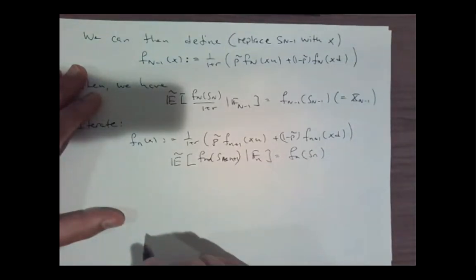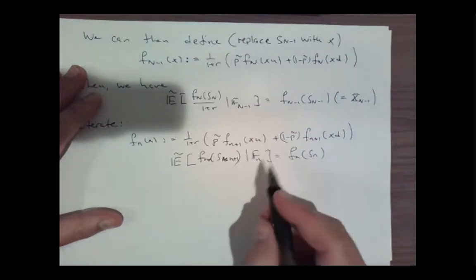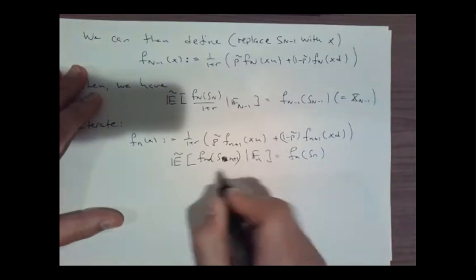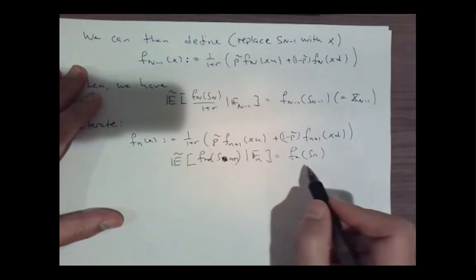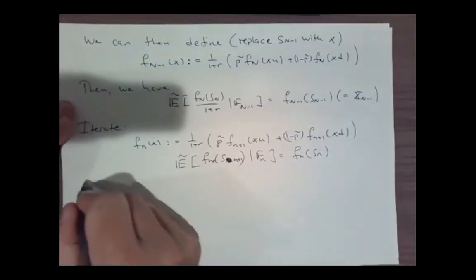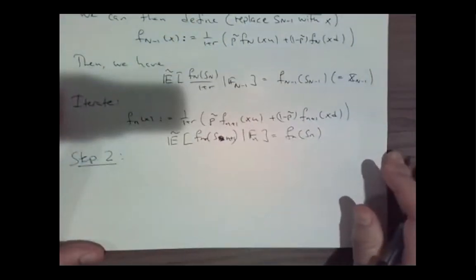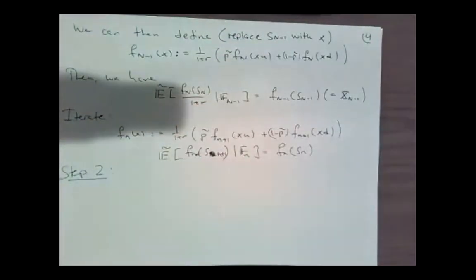This is a random variable, Fn measurable, and it has the property that it integrates correctly over subsets inside Fn. This is that function. So then step 2, is this useful? This is what Richard was asking about. And the answer is yes, this is really useful. It's going to do the trick.